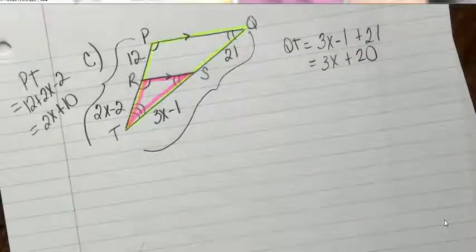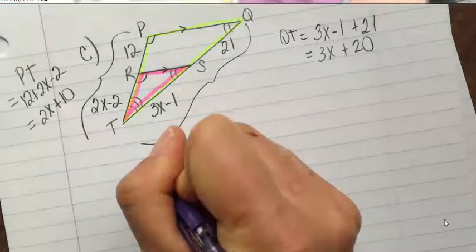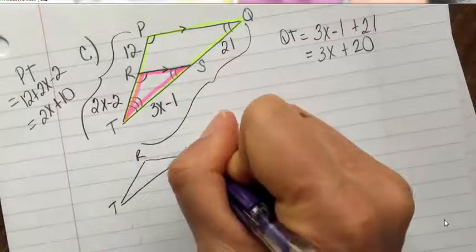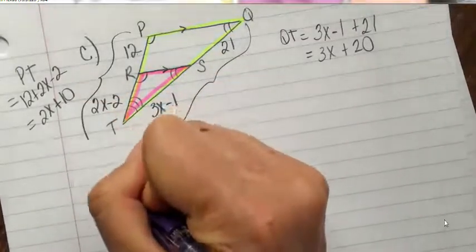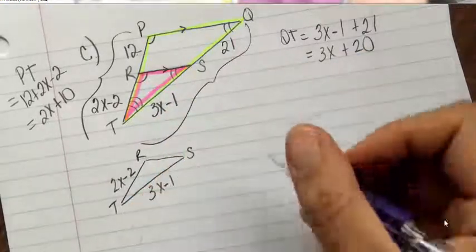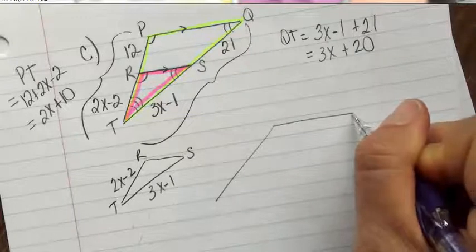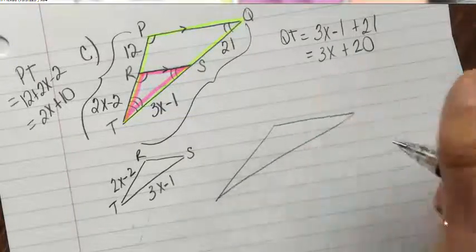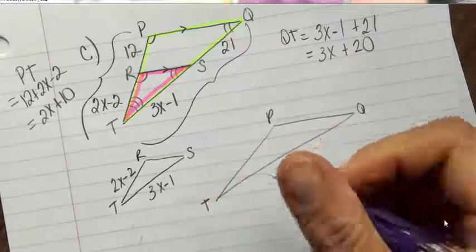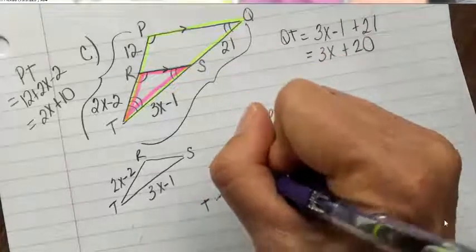So when I do my two triangles, maybe I'll redraw them for you in case you have a hard time seeing them. Okay, so I've got 2x minus 2 here and 3x minus 1 there. But in the bigger triangle, it'll look more like, so let's see, this is Q, this is P, and this is T. PT we said was 2x plus 10, not minus.